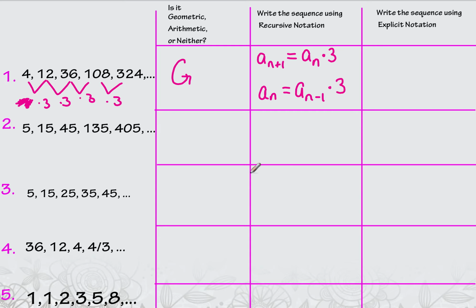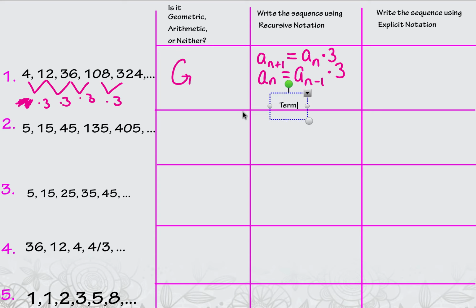Both of those are right if you understand that if this is the term a sub n, then the term before it is n minus 1. And if the term is a sub n plus 1, then the term before it is a sub n. And a recursive, if you remember how I said it, is always the term equals, and again, I'm going to type this because I don't think I'm going to fit it all in.